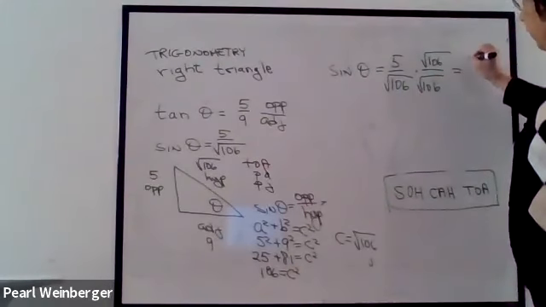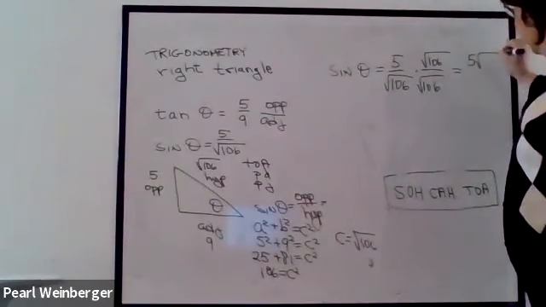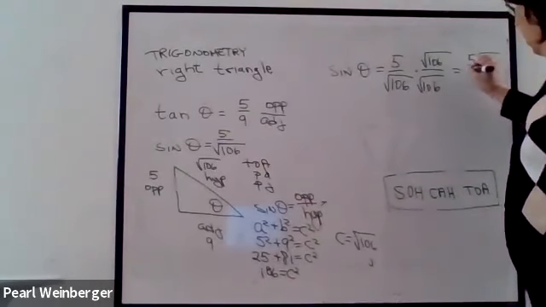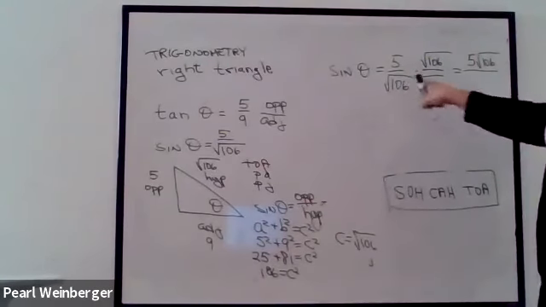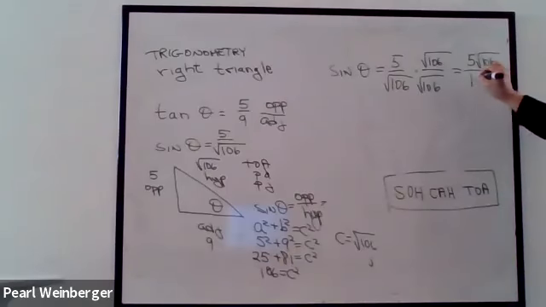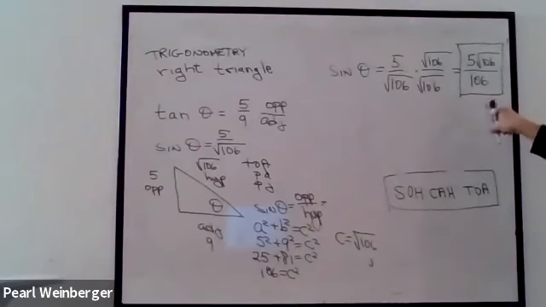And that will give me 5 radical 106 in the numerator. And of course, the square root of 106 times the square root of 106 just gives you 106. So in simplest radical form, my answer would be 5 radical 106 over 106.